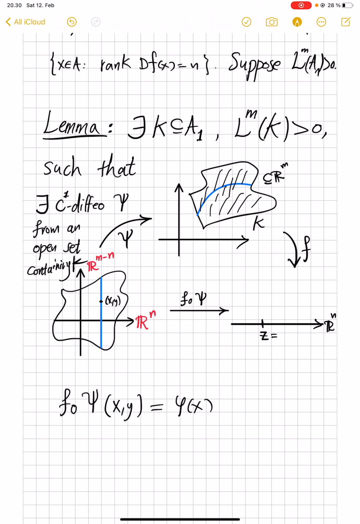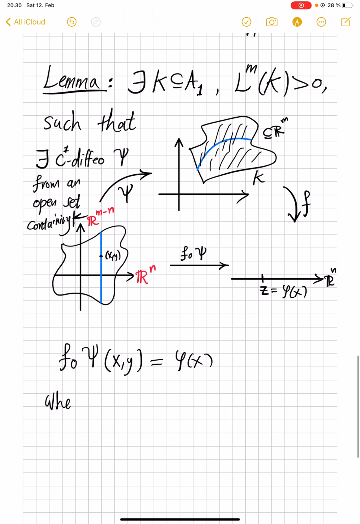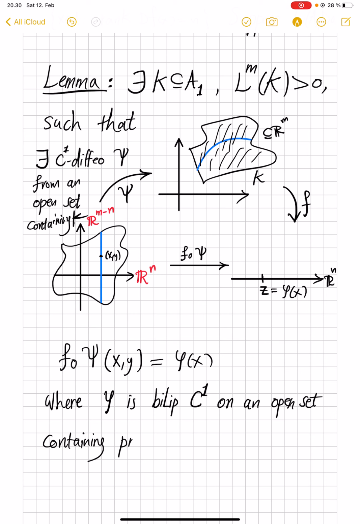So this becomes phi of x, where phi is particularly nice. So phi is bi-Lipschitz and C1 on an open set containing all the relevant parts.